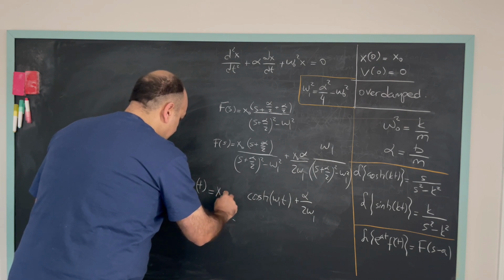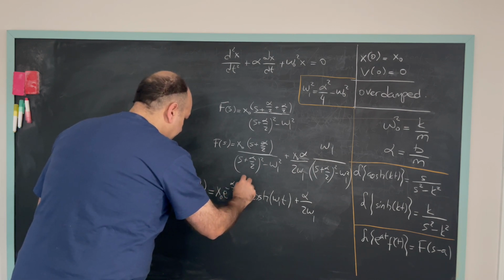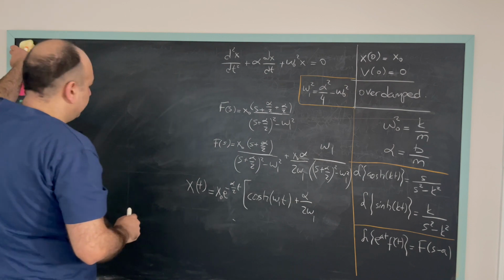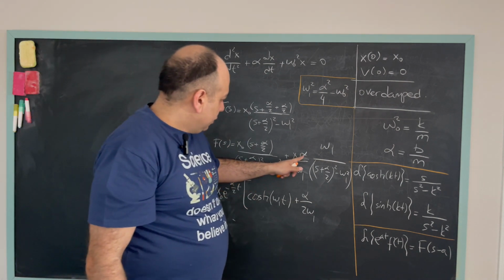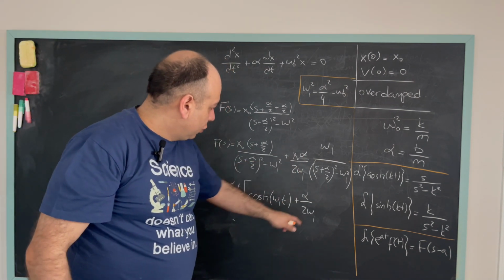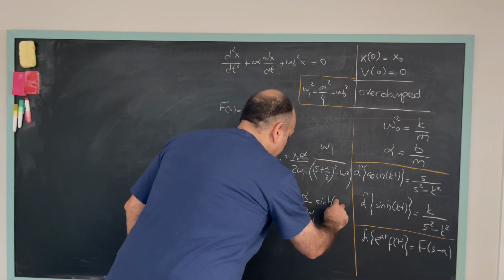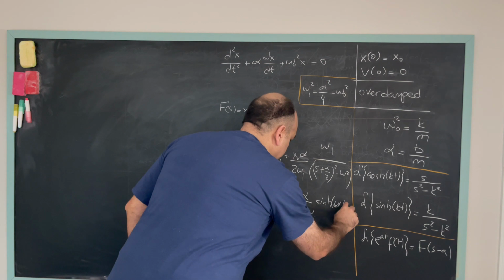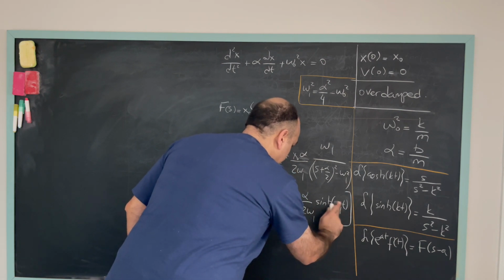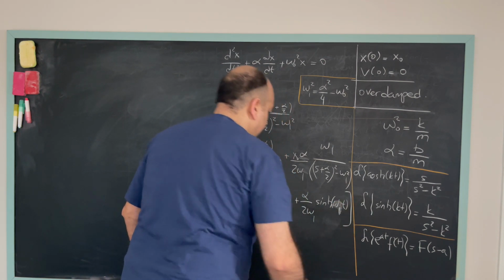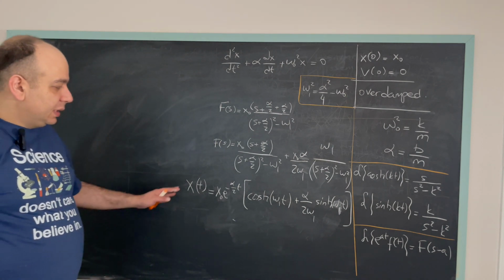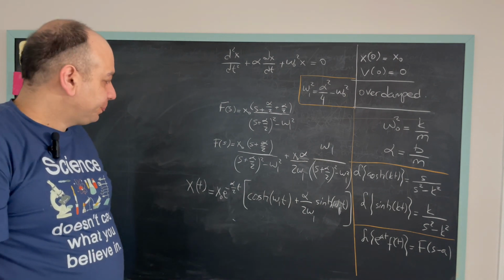X naught, e to the minus alpha over 2 t, use a common parenthesis here. So this also has a coefficient alpha over 2 omega 1. The rest is just sine hyperbolic omega 1 t. Okay, and this is actually the solution.